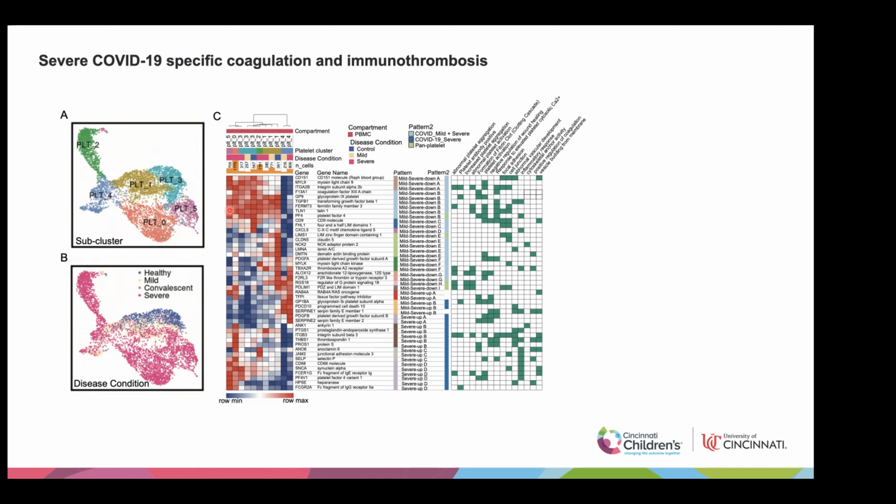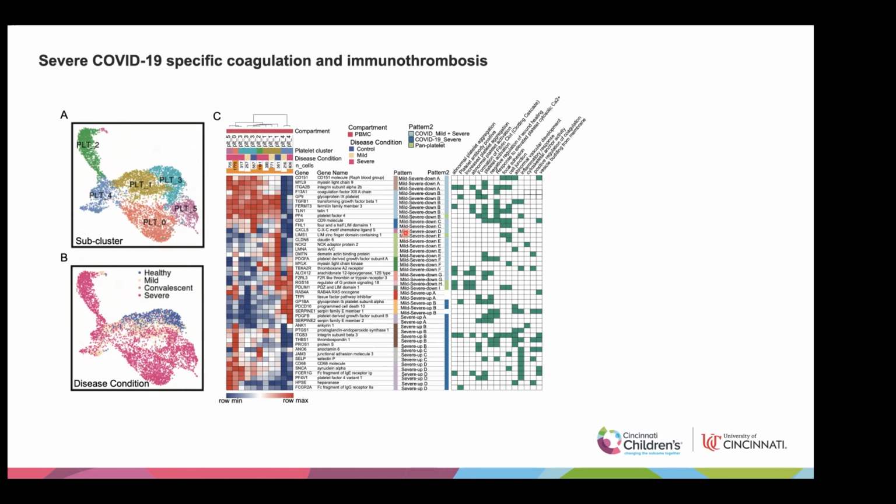When we do the ToppCell differential gene visualization, we can highlight several genes that are more specific to the subclusters in severe patients, as well as some patterns that are specific to both mild and severe patients. It involves a lot of manual work.